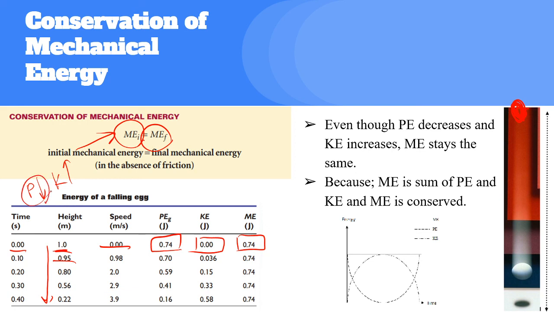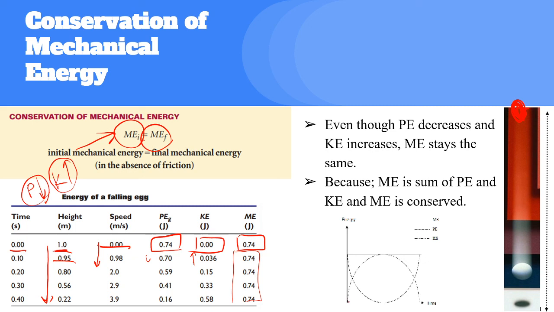Potential energy will decrease, but kinetic energy will increase at the same rate to compensate for the energy difference. So this object will speed up, and potential energy will be decreasing while kinetic energy will be increasing, but the total energy that we have in the system will stay the same.